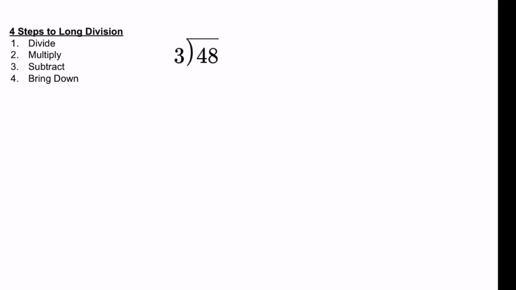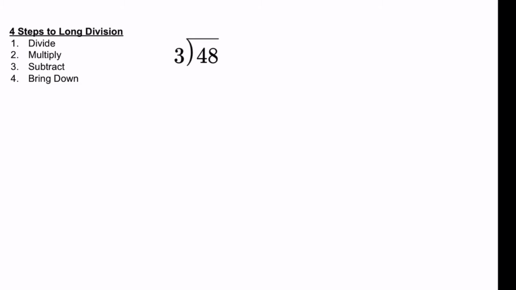So let's apply these 4 steps to this first problem. We want to divide 3 into 48. Before they begin their steps to division, let's write down the multiplication facts for 3 from 3 times 1 to 3 times 9.